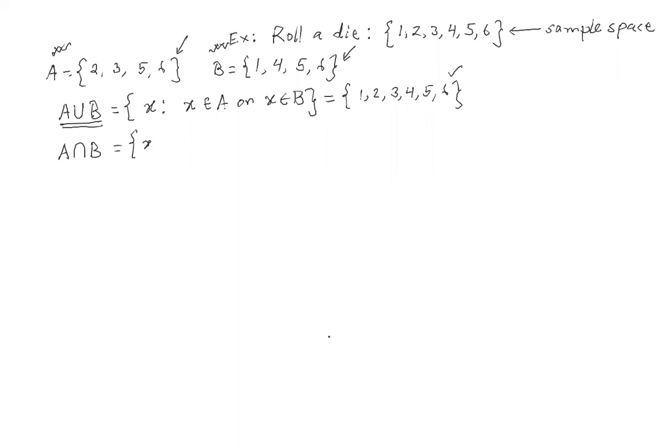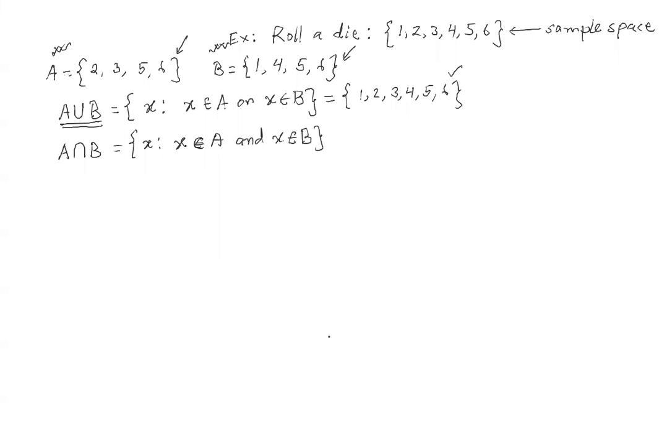It's the collection of all elements X such that X is an element of A, this little E is kind of like a Greek letter, epsilon type, the indication that X belongs to A, and X is an element of B.